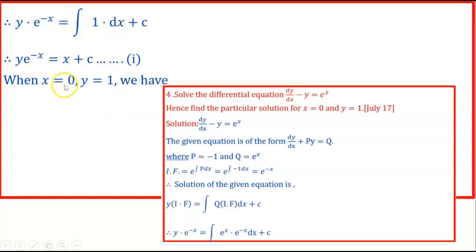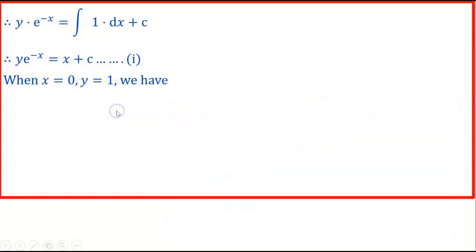When x is equal to 0 and y is equal to 1, we will find out the value of c. If we substitute x is equal to 0 and y is equal to 1, here y is equal to 1, x is equal to 0, so 1 is equal to 0 plus c. What is the value of c here? c is equal to 1. e raised to 0 means 1. Therefore, you will have c is equal to 1.